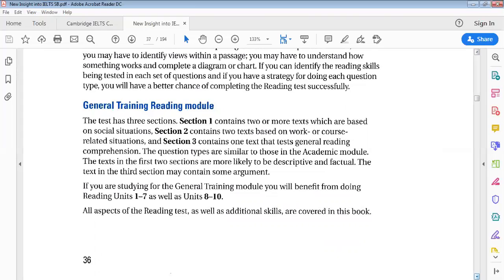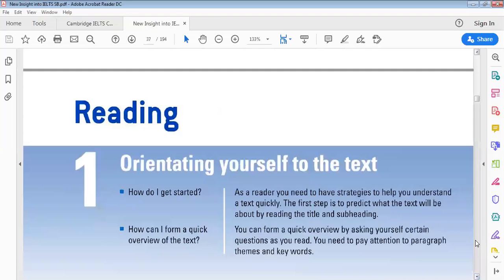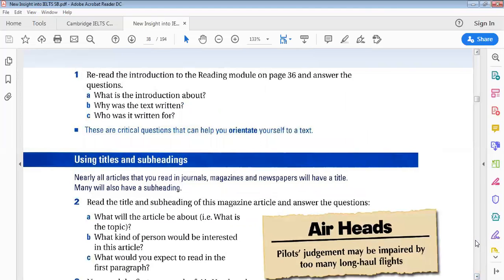So, academic, and then I have read the introduction part and also the full reading module.